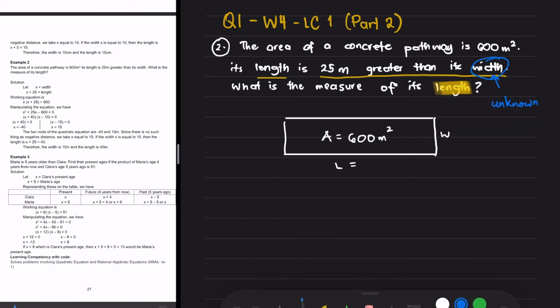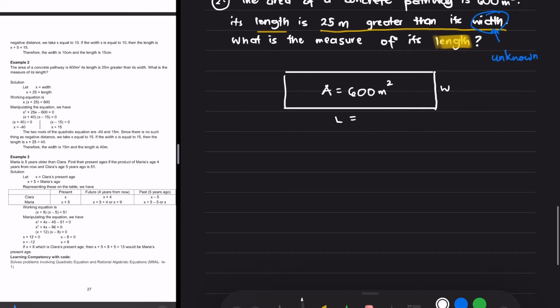Okay? So, magre-represent tayo ng variable. Let us have the representation. Yung width muna natin, represent natin siya as x. So, that will be the measurement of the width.